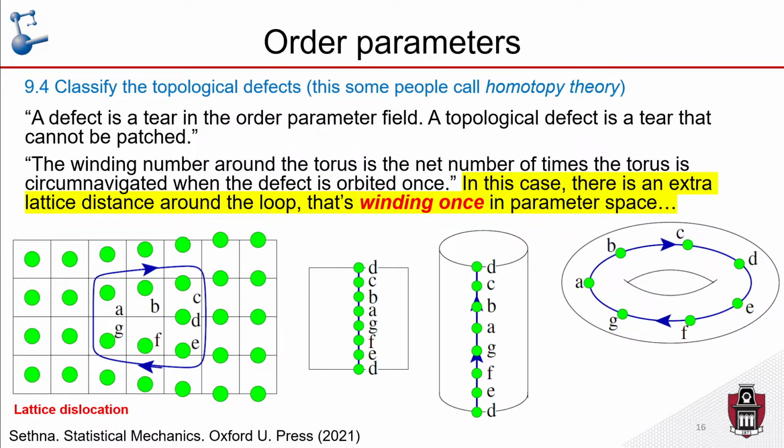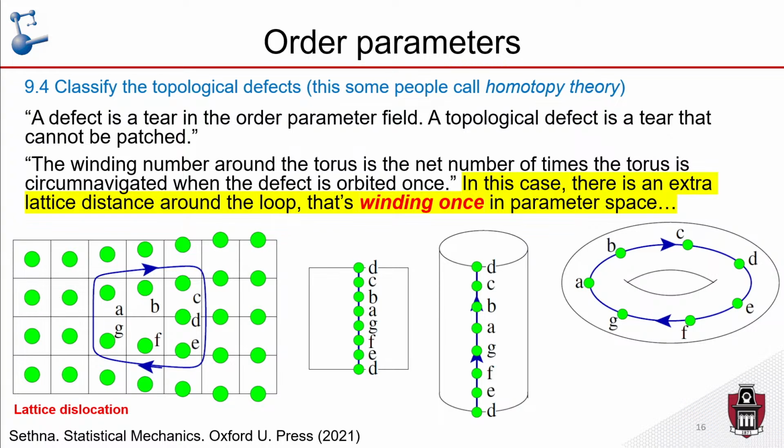One lattice space, because that's the periodicity. So in this case, that Burgers vector, whose length is one lattice parameter as well, is encoded in this winding, which is equal to 1.